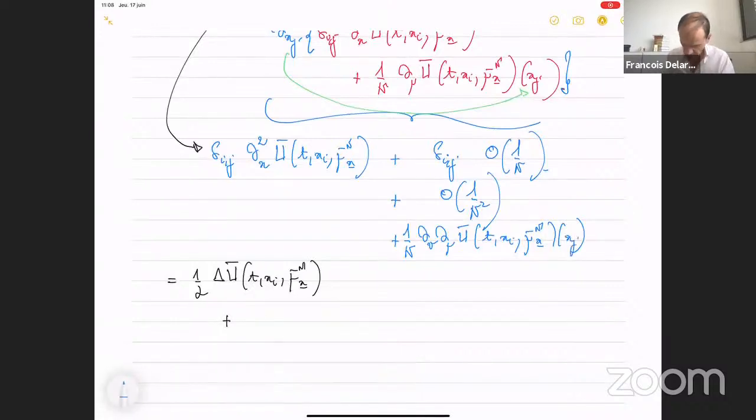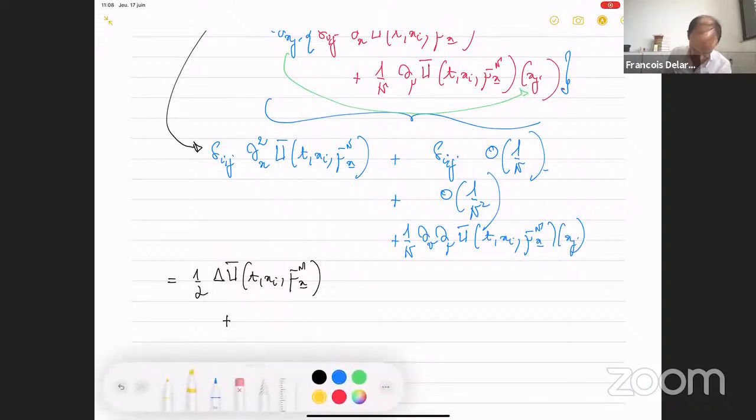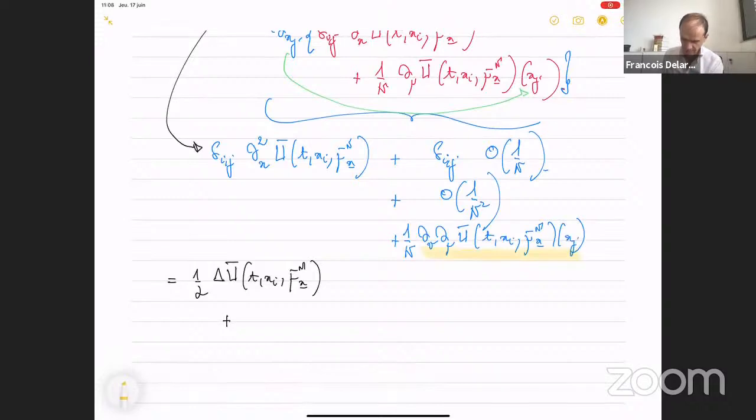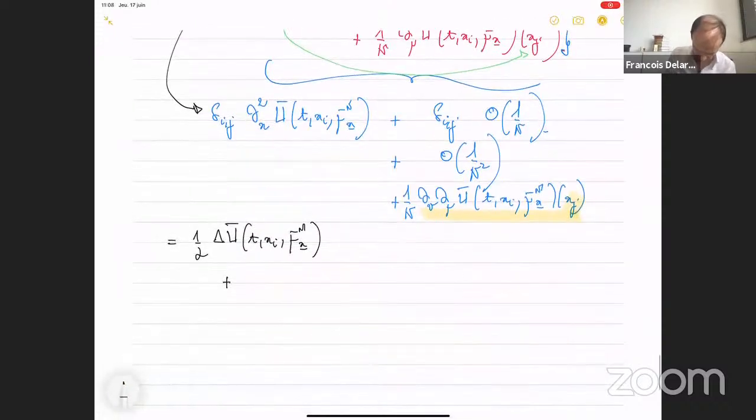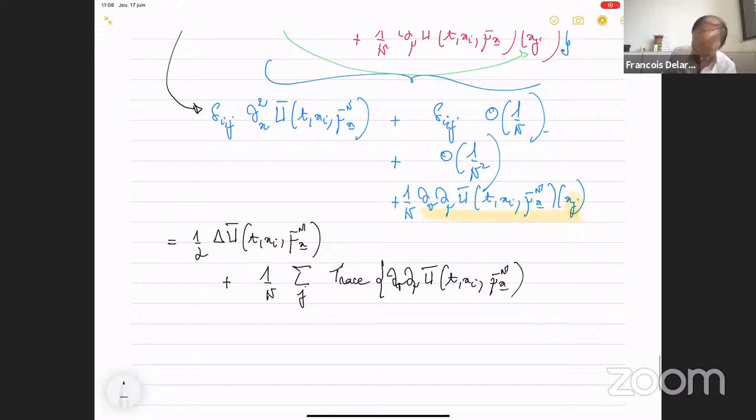This is xj. So then I have to take the trace of this guy, and I make the sum over the j's, and so I get a new integral. But let me write this slowly. So the sum over the j's of the trace of dv d mu u bar txi mu bar nx underline xj. And then for the remainders, this is O of 1 over n.